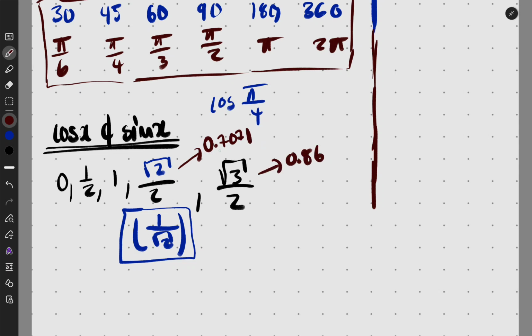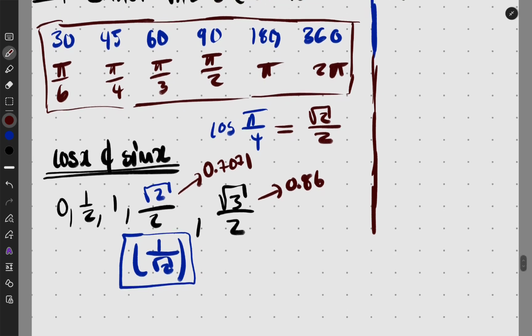So if you get 0.707, you are just going to write root 2 over 2. Now, what if you didn't know that 0.7071 is root 2 over 2? Your calculator will never give you that. That is why we are giving you this list. If you get 0.7071, remember, it is root 2 over 2.